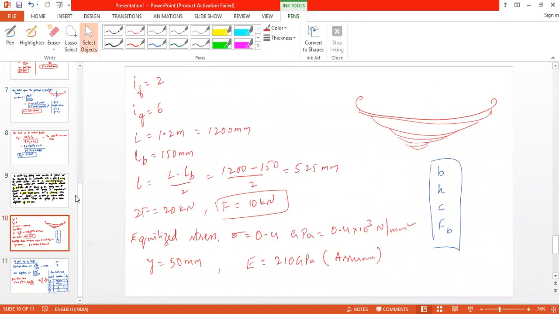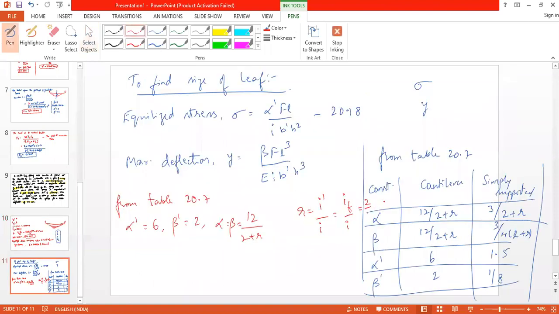There are 2 full length leaves and total 8 leaves, that is 2 by 8, so 0.25. So the values of alpha and beta are 12 divided by 2.25, that is 5.33. Any doubt? No, sir.